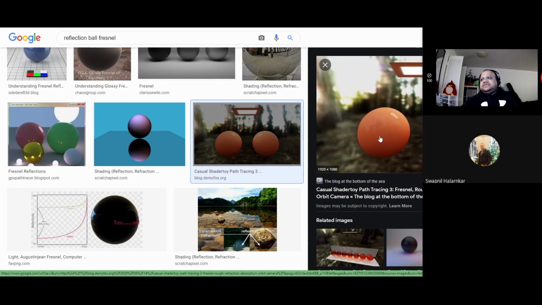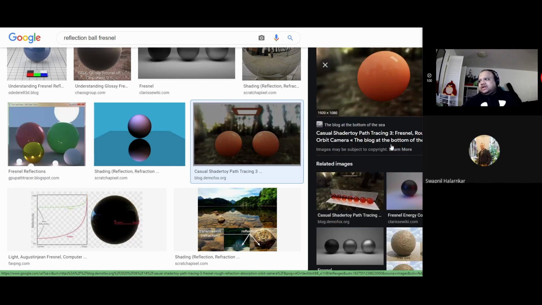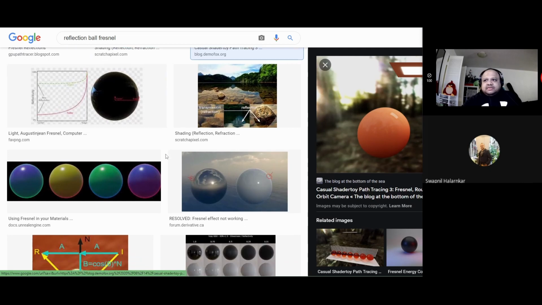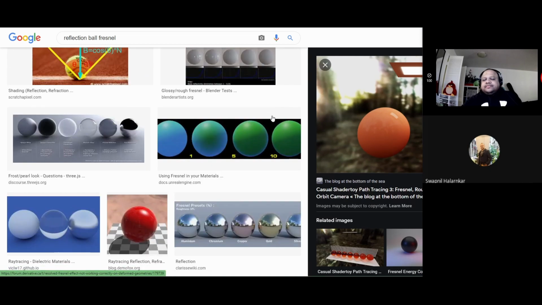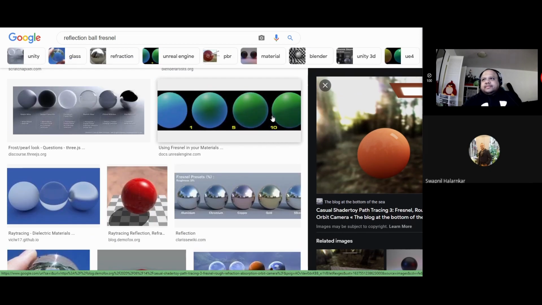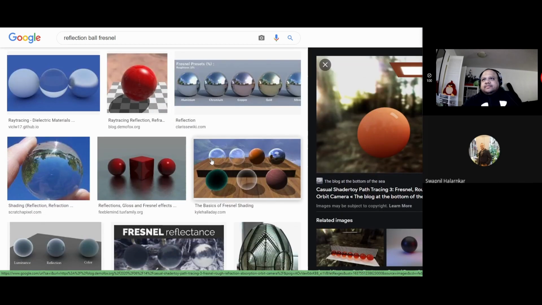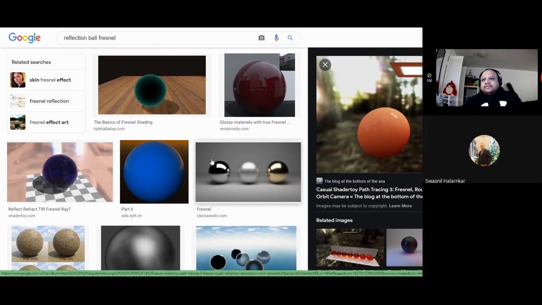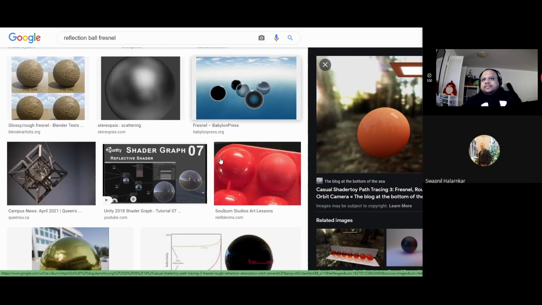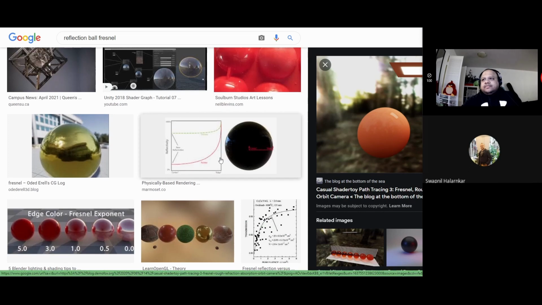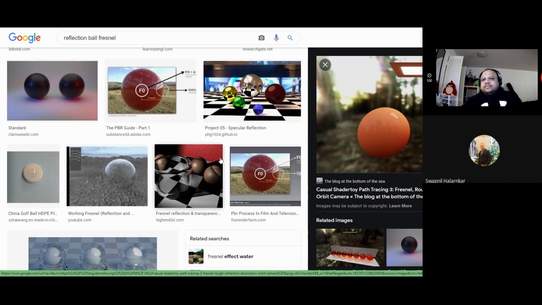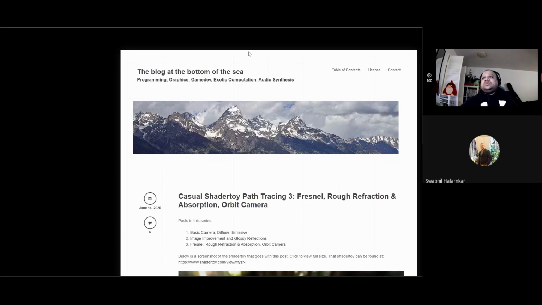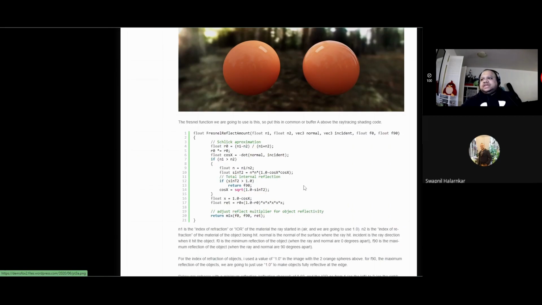When it is facing the camera, maybe this is not exactly what I wanted to show, but it is somewhere near. Okay, I don't get an exact example, because the chrome ball will have almost the same reflection.